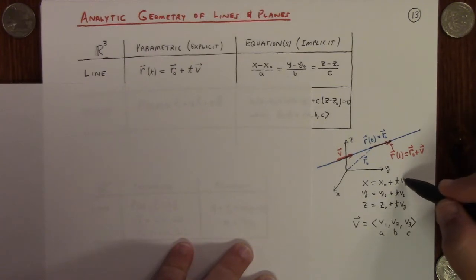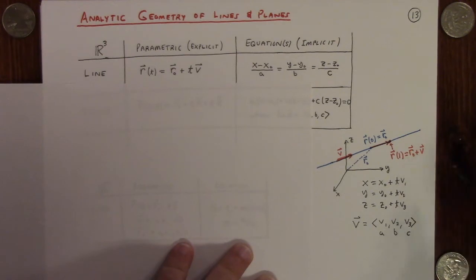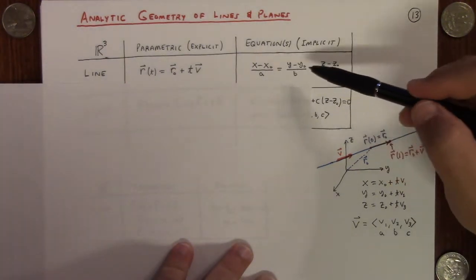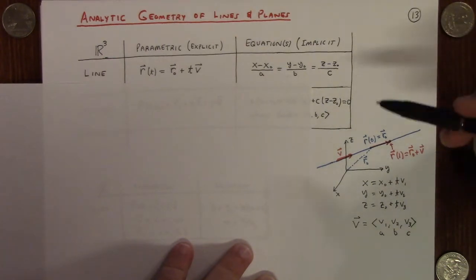So if you put that A, B, C, and you solve this for t, solve that for t, solve this for t, you'd get x minus x naught over A equals y minus y naught over B equals z minus z naught over C equals t.